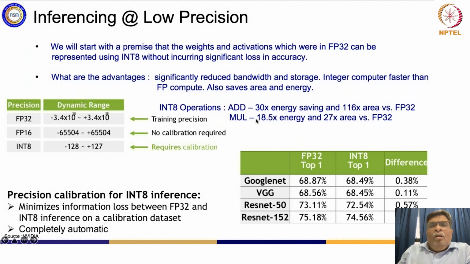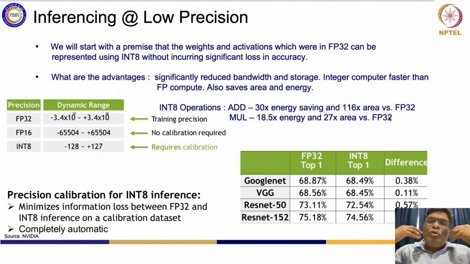And if you do a multiply operation using int 8, you're going to save 18.5x energy and 27x area versus a floating point 32 operation. Now think of this: just for one add and multiply operation, you are saving so much energy, so much area, and you are talking of deep neural networks which will use a lot of such operations. You are talking of convolutional neural networks, right? They are deep neural networks.